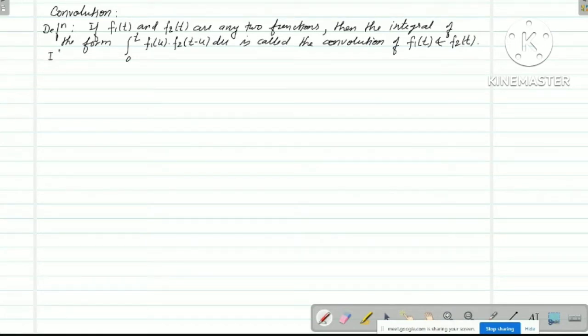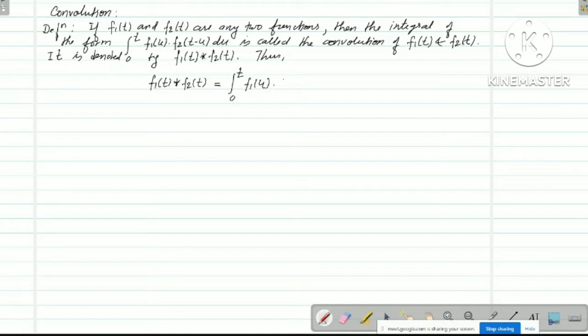It is denoted by the symbol f1(t) asterisk f2(t), and is given by f1(t) asterisk f2(t) equals the integration with limits 0 to t of f1(u) into f2(t minus u) du.